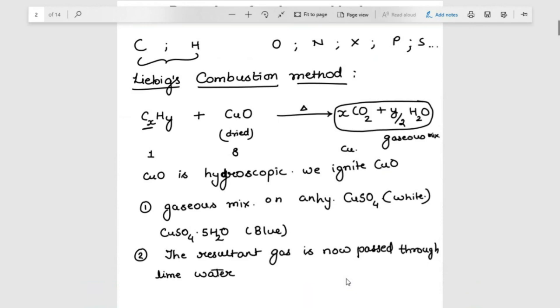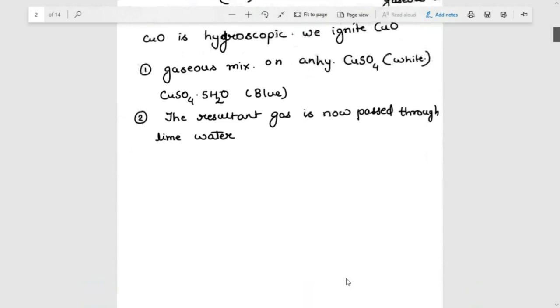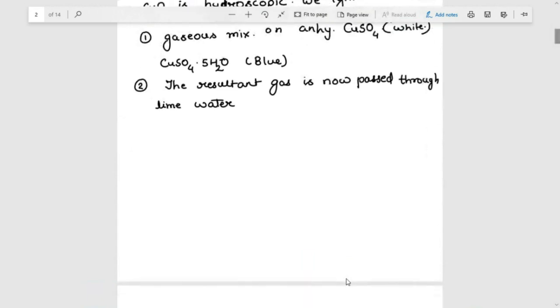Freshly prepared lime water is a clear solution like water. CO2 turns clear lime water milky. We will have a white turbidity due to the formation of CaCO3.